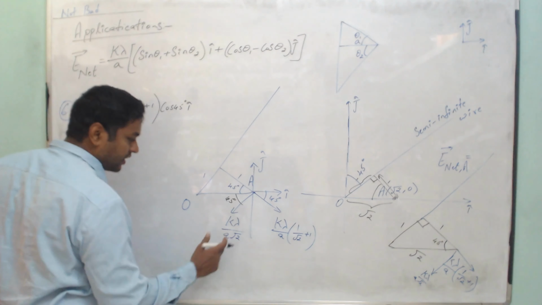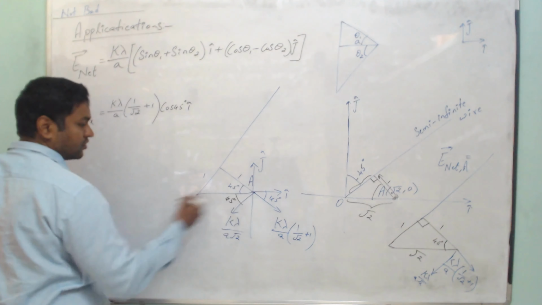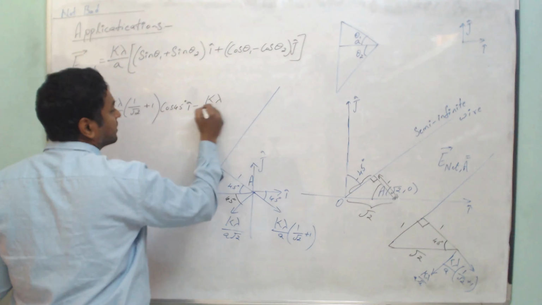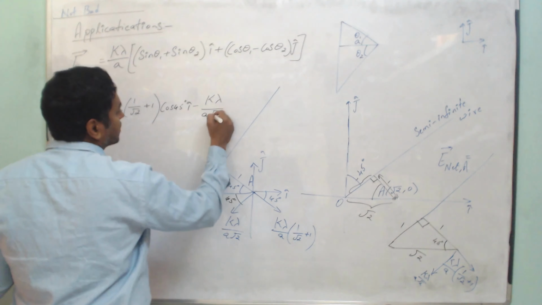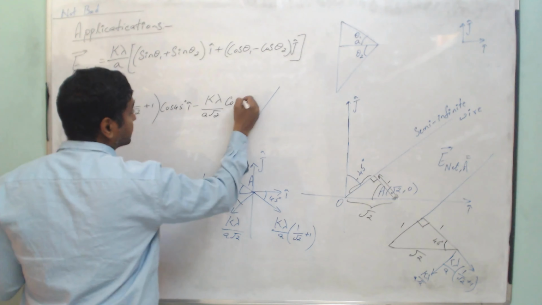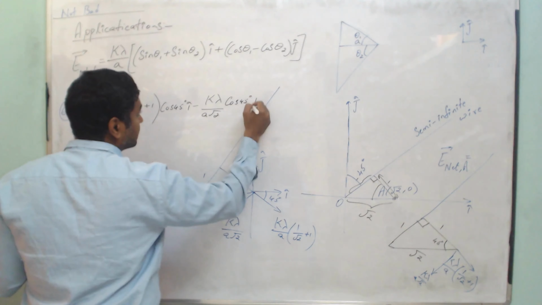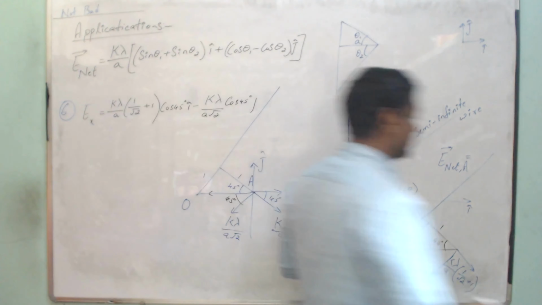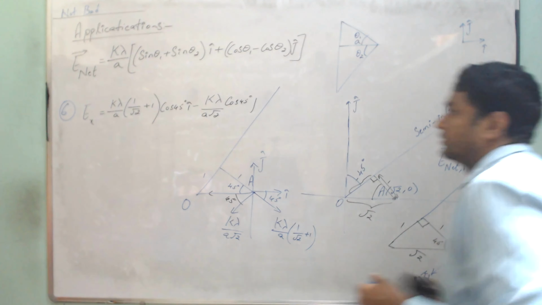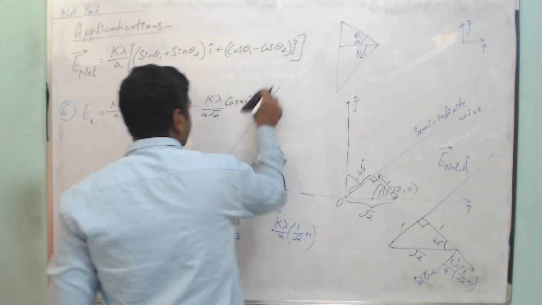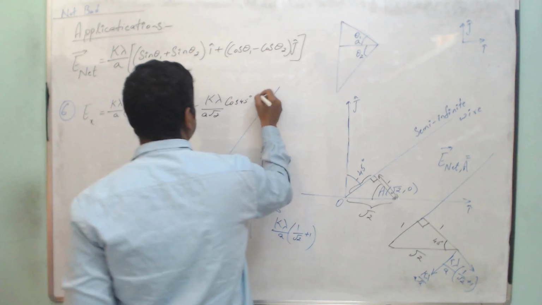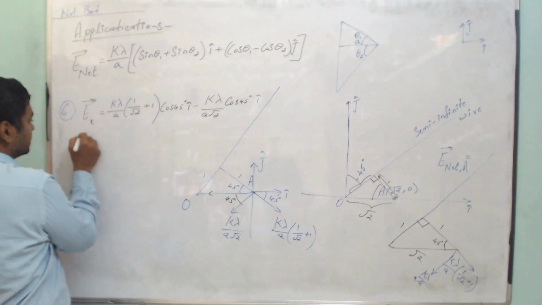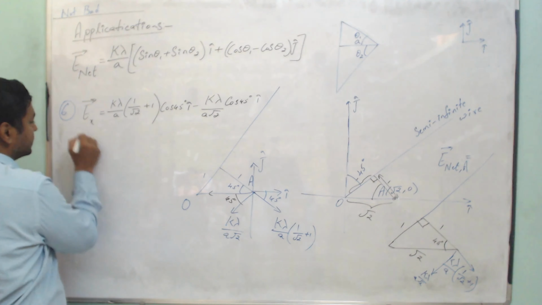Due to this, along this direction, I will have minus K lambda by A root 2. You can say cos 45 or sin 45, that's your wish because it's the same. Again, this is also I cap, cos 45. So along my x-axis, what am I getting for Ex bar along I cap?